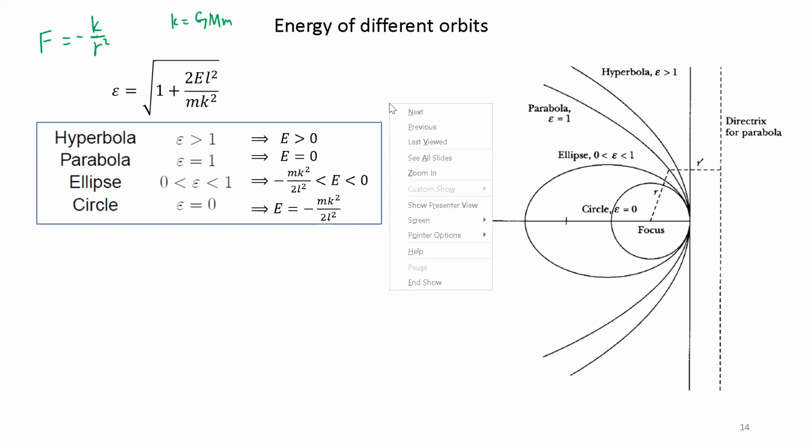Within these two different conditions, the first two, which are the hyperbola and parabola, we call them open orbits. You can see from this picture again, this is the hyperbola and this is the parabola.